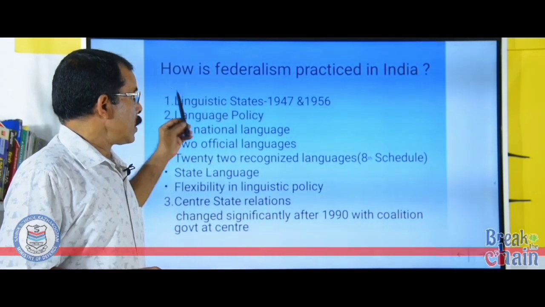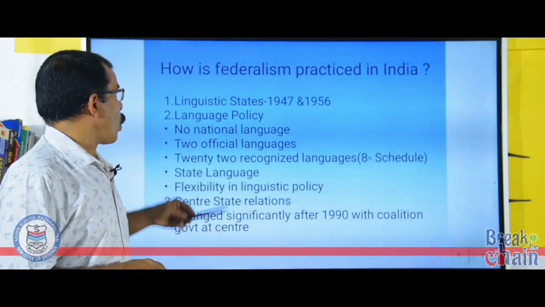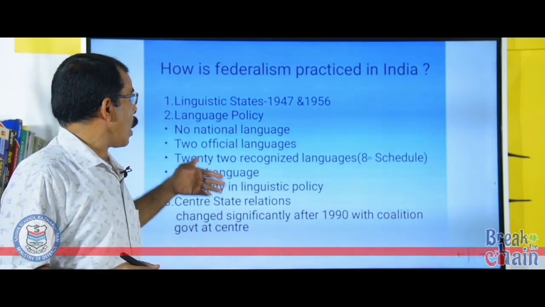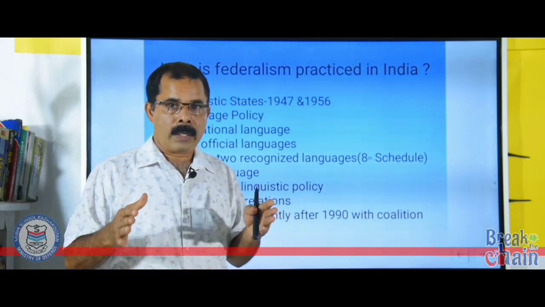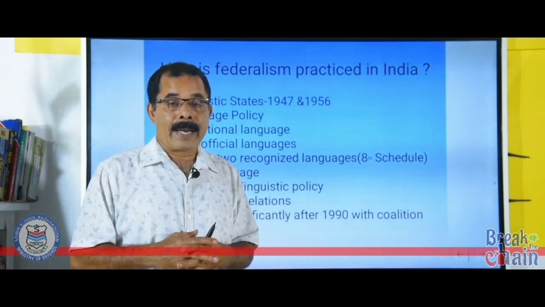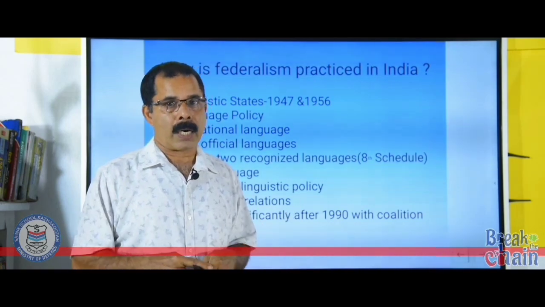So these are the main 3 points when we talk about how federalism is practiced in India, how federalism gets deep rooted and strengthened in our country.